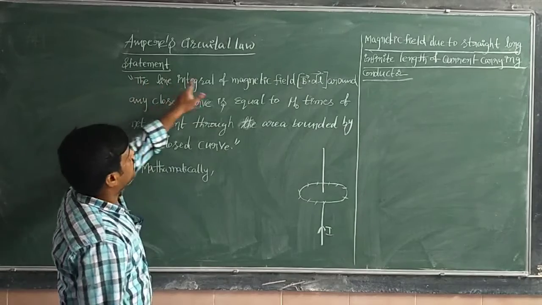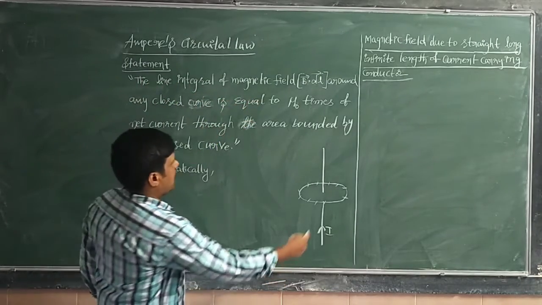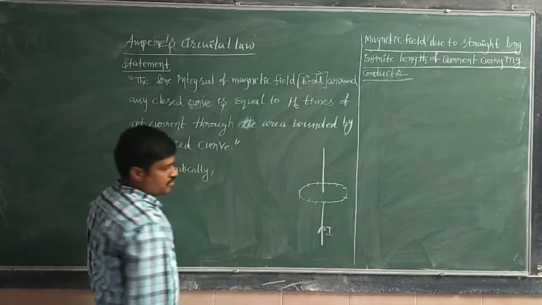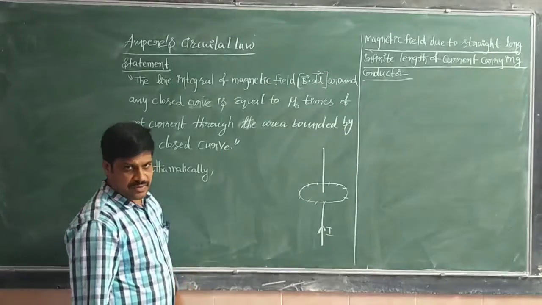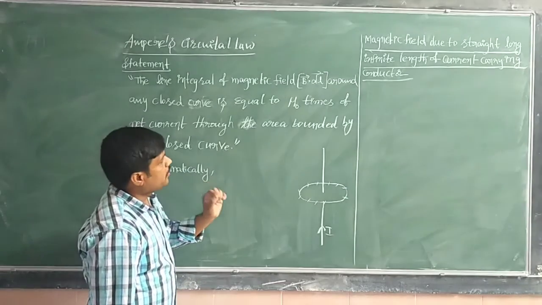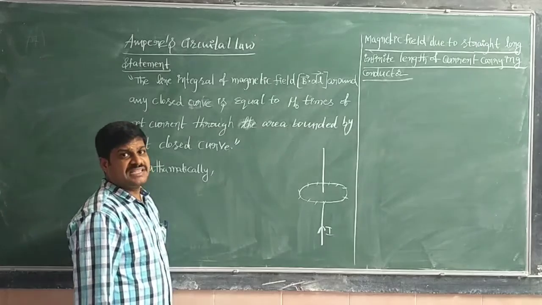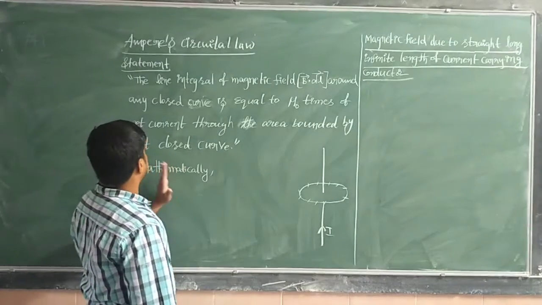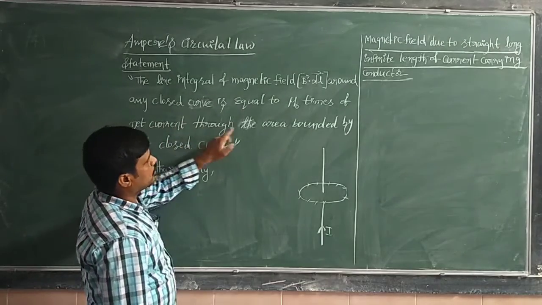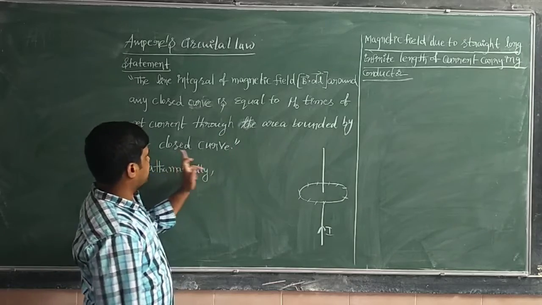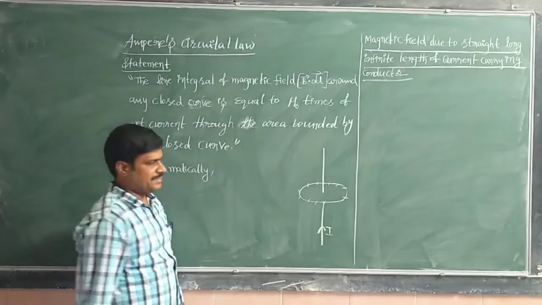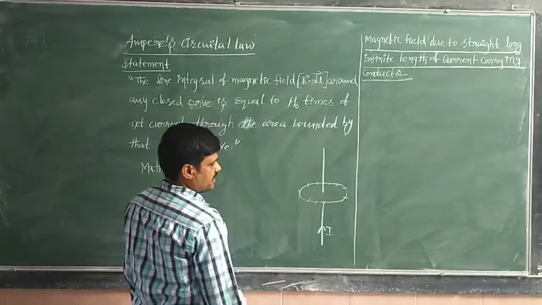So the line integral of magnetic field around this closed path is equal to mu naught, mu naught means permeability, times the net current through the area bounded by that closed curve. That means mu naught times the net current.